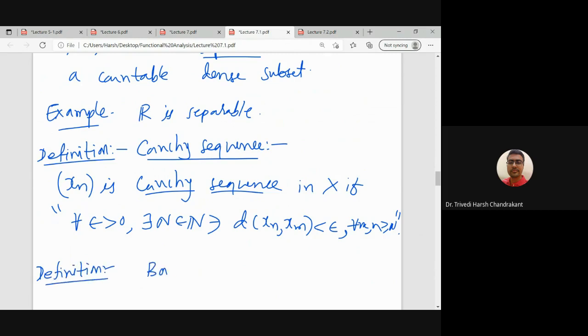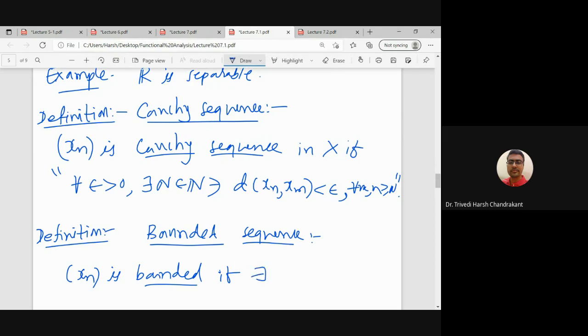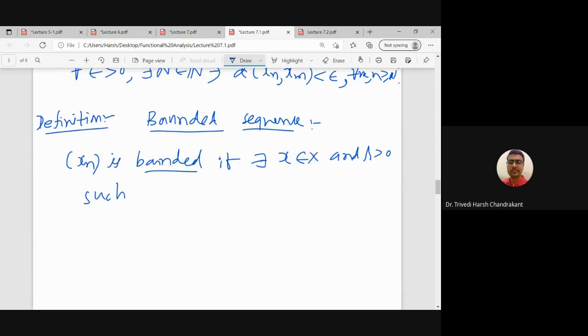Bounded sequence means xn is bounded if there exists x belongs to X and r greater than 0 such that the distance of xn with x is less than r for all natural numbers n.